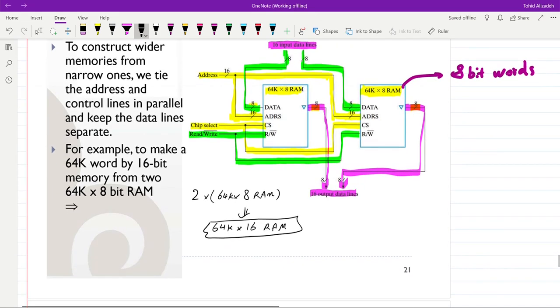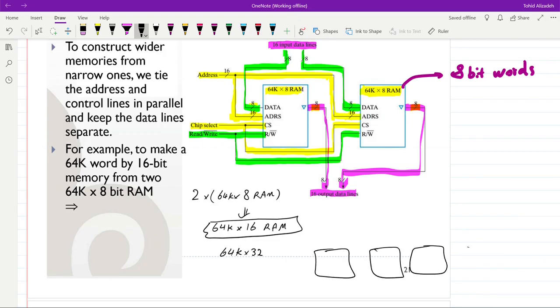If we wanted to have 64K by 32, for example, I think you should agree that we could do it by putting 4 of them beside each other, which all of them receive the same address line, chip select, and read write.